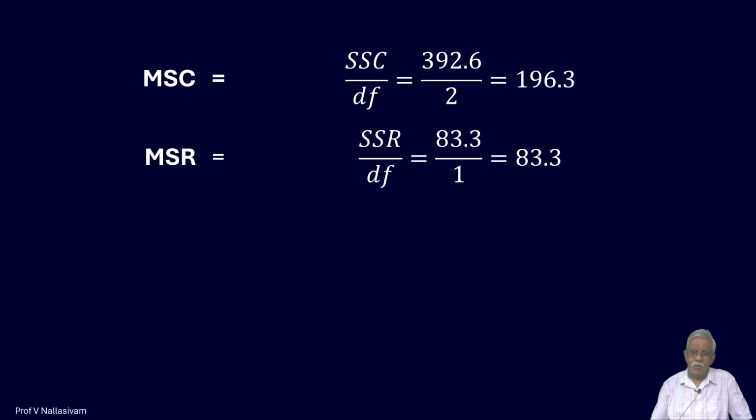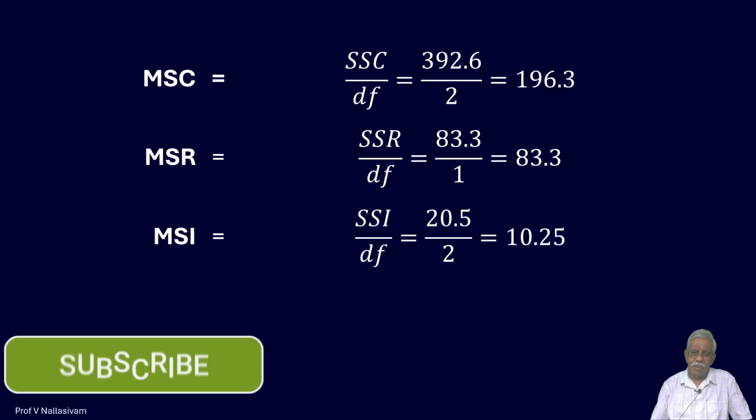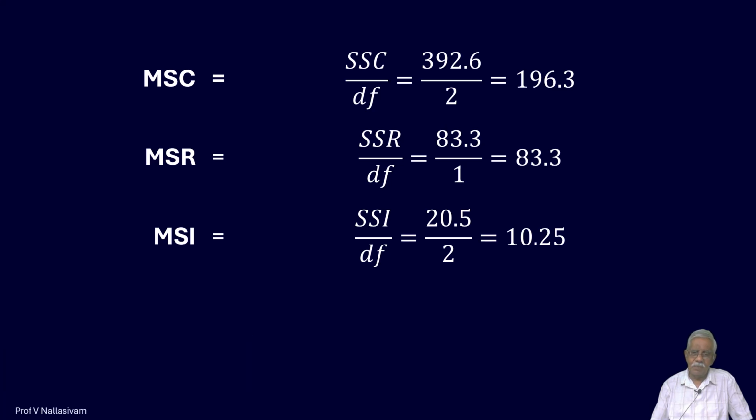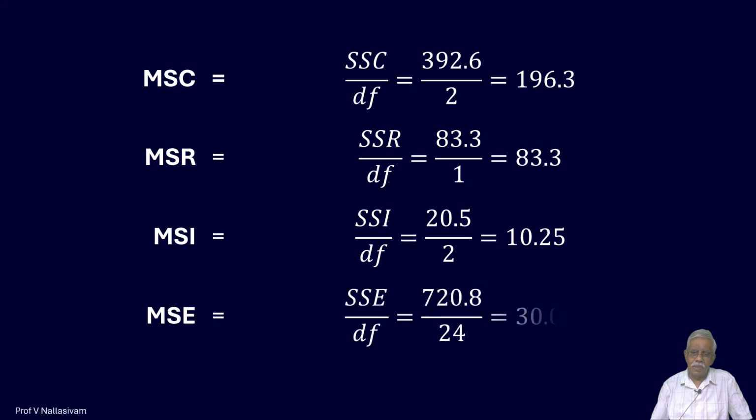MSR equal to SSR by degrees of freedom equal to 83.6 divided by 1, 83.6. MSI equal to SSI divided by degrees of freedom equal to 20.5 divided by 2, 10.25.